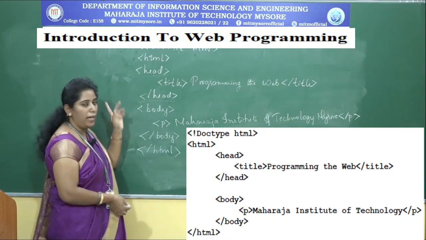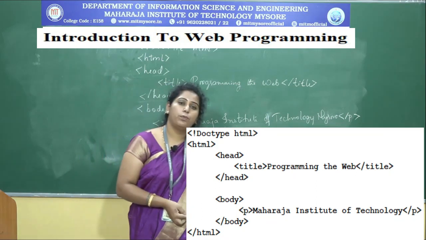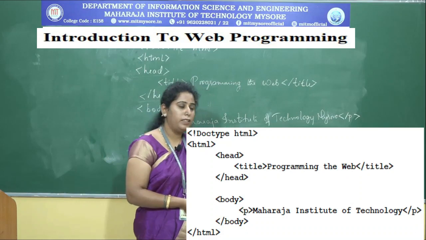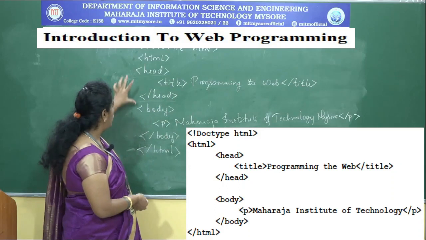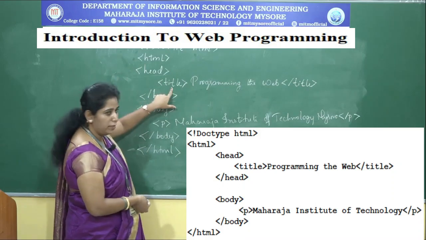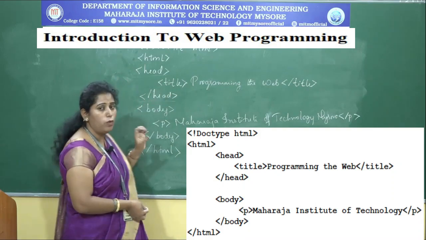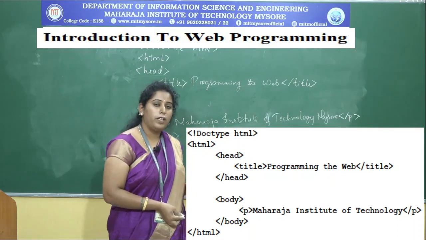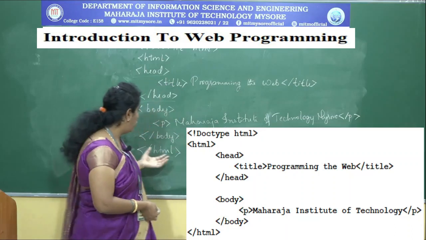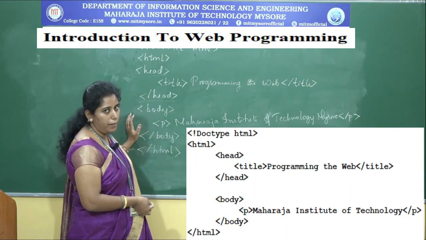Next, an HTML program basically consists of two main parts. One is the head part and the second one is the body part. In the head part we have the title, and in the body part, whatever implementation or operation you want to execute is given inside the body part.